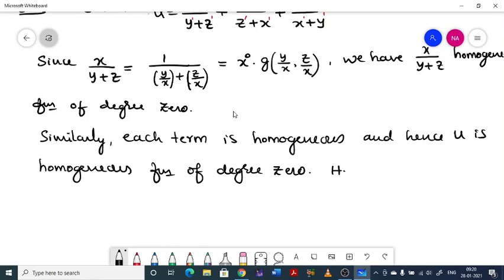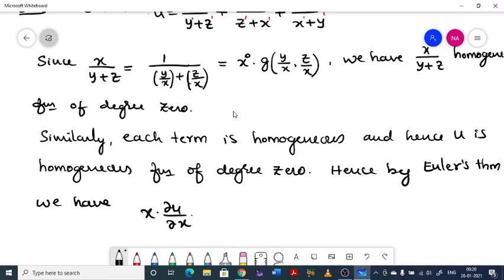Hence by Euler's theorem we have x into dou u by dou x plus y into dou u by dou y plus z into dou u by dou z equal to 0 into u. That's all.